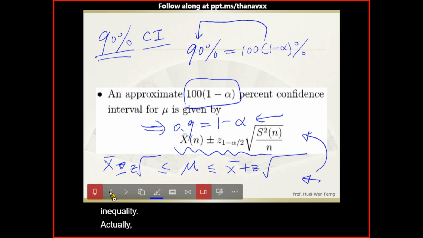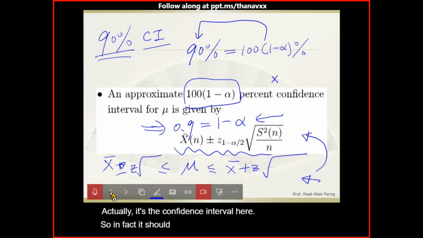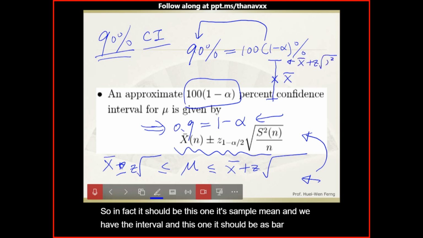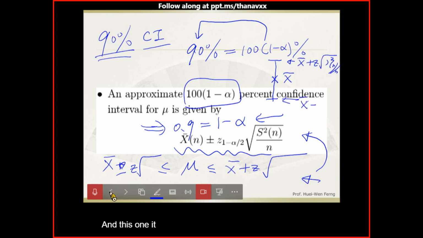So the confidence interval should be this one: the sample mean, and we have the interval. This one should be X bar plus z times the square root, and this one should be X bar minus z.